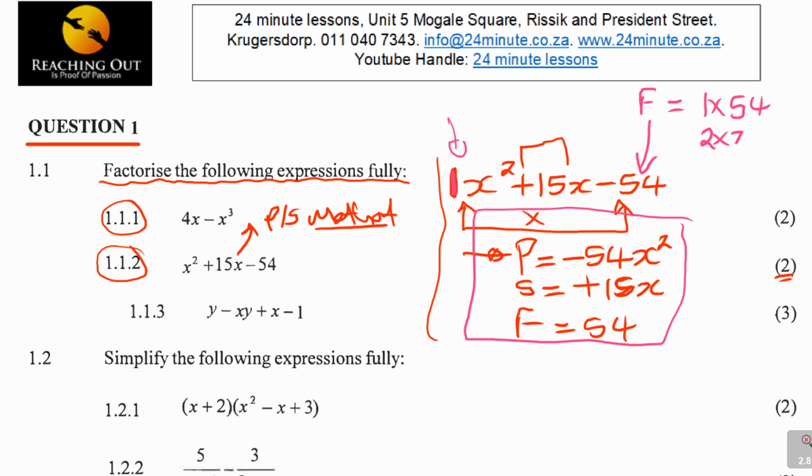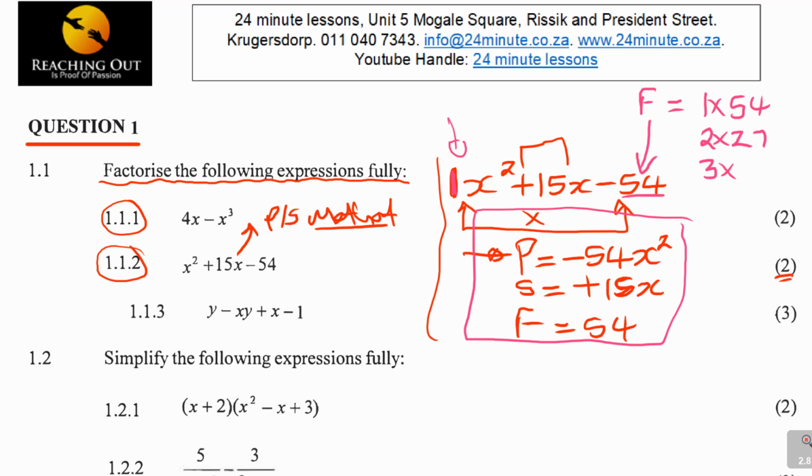The other one is 2 times 27. And then I think I've got 3 times, if I divide 54 by 3, it will give me 18.